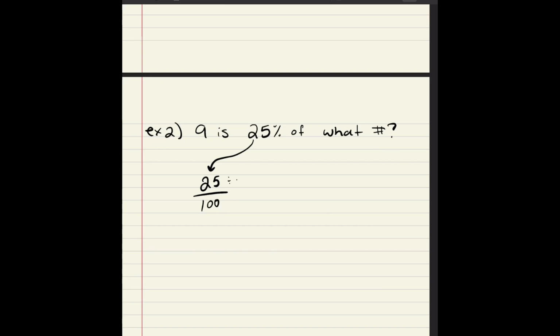Yes. 25 can go into both of these numbers. 25 divided by 25 is 1 over 4. So we have 1 over 4. And I need to equal this to my given number, which is the known number, 9. My part to my unknown whole.